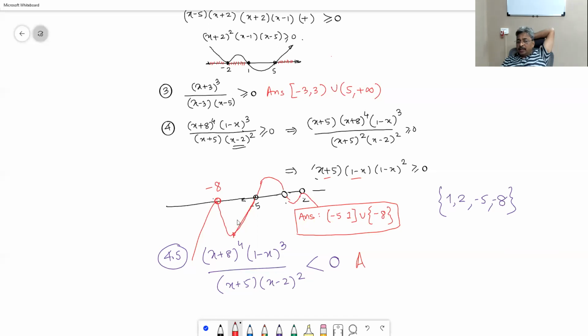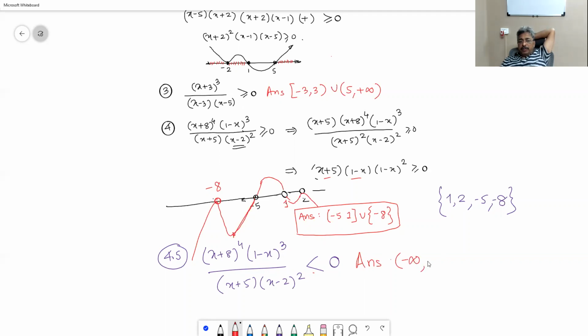It comes back again, continues to remain negative till minus 5, crosses minus 5, minus 5 not acceptable because it is in the denominator, becomes positive, crosses 1, 1 not acceptable because of strict inequality. 1 to 2 negative, 2 not acceptable because it is in the denominator, right? And again it continues to remain negative. So this is the correct graph for this.